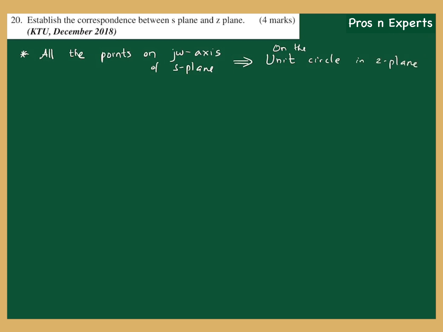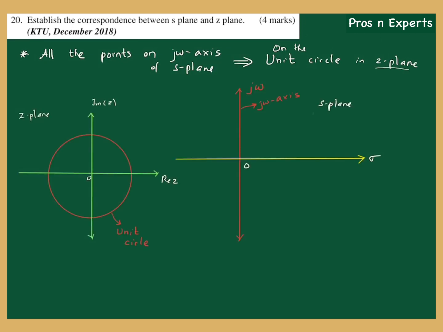All the points exactly on the j omega axis will be mapped to the points on the unit circle in the Z-plane. So this is the S-plane and this is the j omega axis. Now this is the Z-plane and this is the unit circle. So all points strictly on the j omega axis will be mapped strictly onto the unit circle.